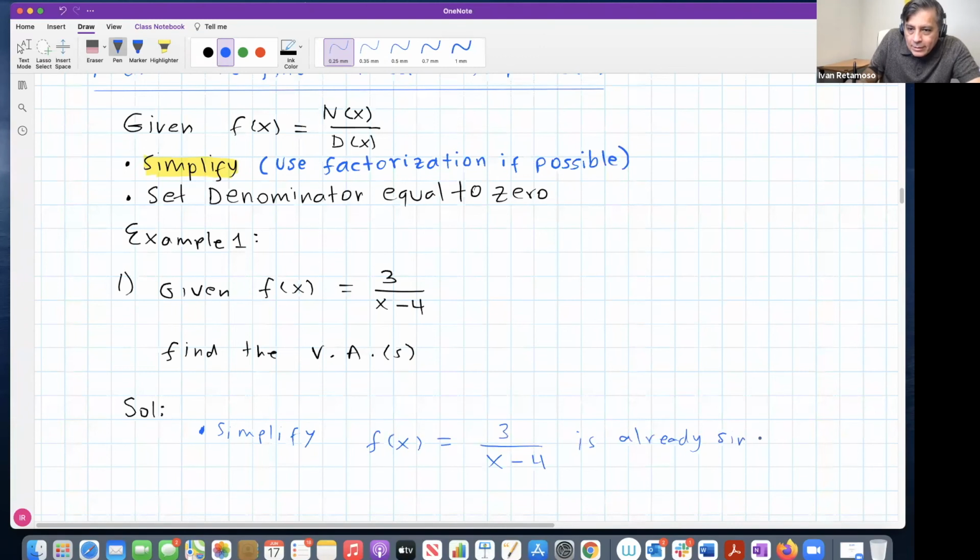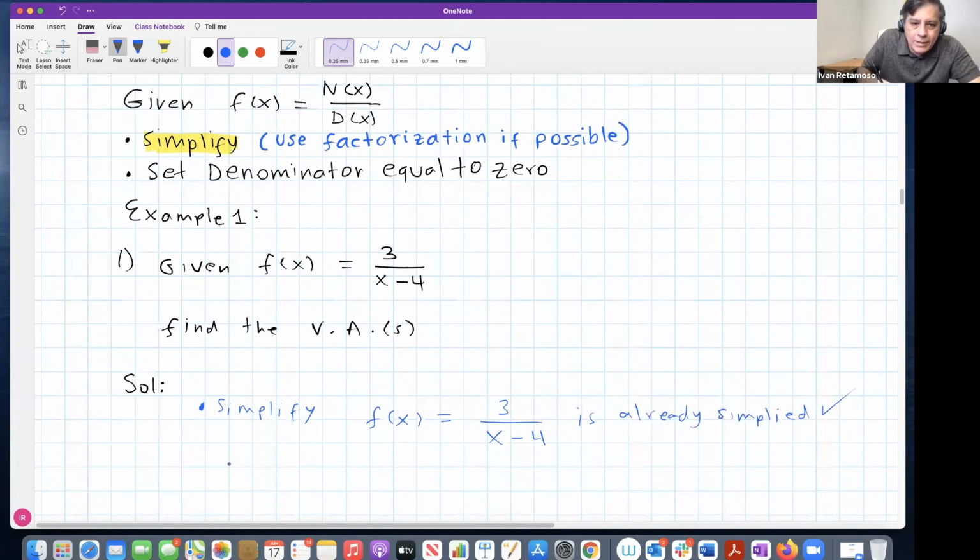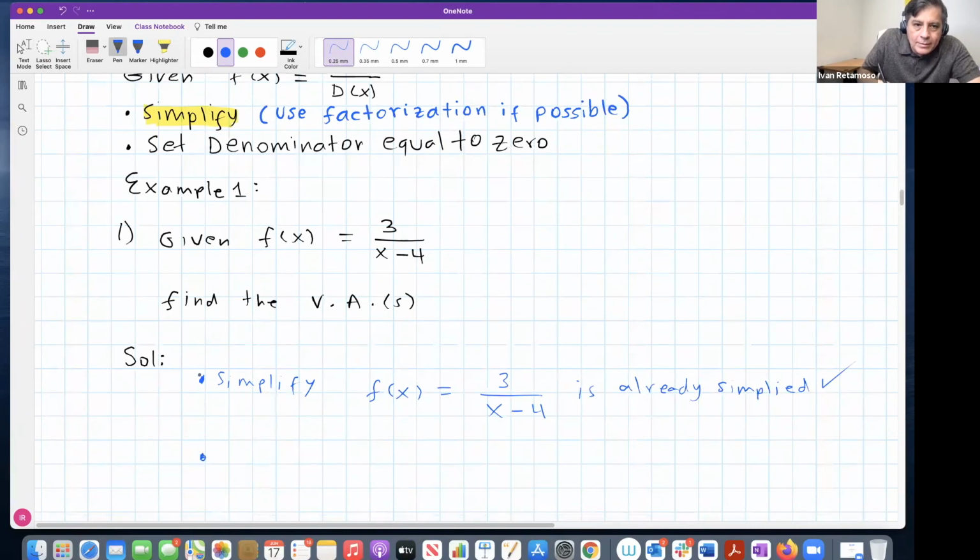We're starting with something very simple. First step checks. Second step says set denominator equal to 0. So once you have simplified your rational function, you take the denominator and set it equal to 0. Set x minus 4 equal to 0. We don't want this to be 0.